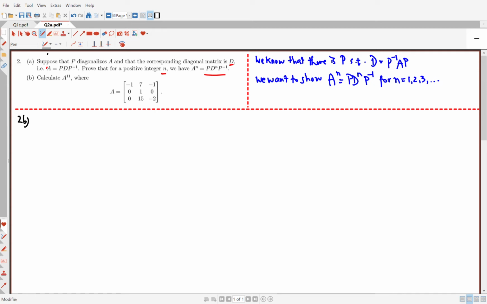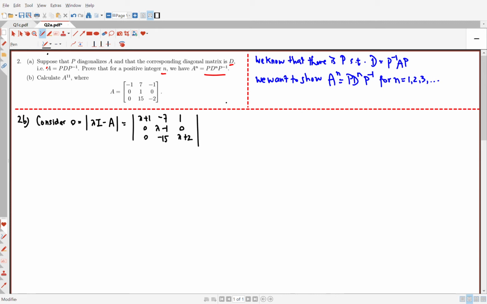To find P, I need to find the eigenvalues and their corresponding eigenvectors. So I first consider 0 equals to det of lambda I minus A. This is lambda plus 1, minus 7, 1, 0, lambda minus 1, 0, 0, minus 15, lambda plus 2.